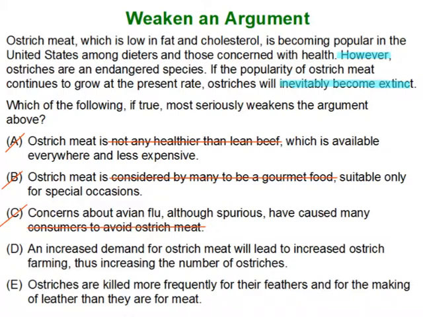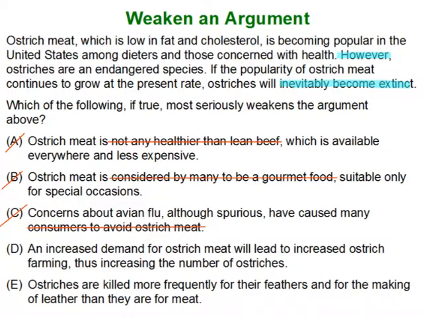Wait, it's not very healthy. Wait, some people say it's only used on special occasions. Wait, people are scared of the flu. But none of these has anything to do with the conclusion. And the conclusion is based on an if statement that already takes into account all of the potential objections to ostrich's popularity. It says if the popularity continues to grow, they will become extinct.